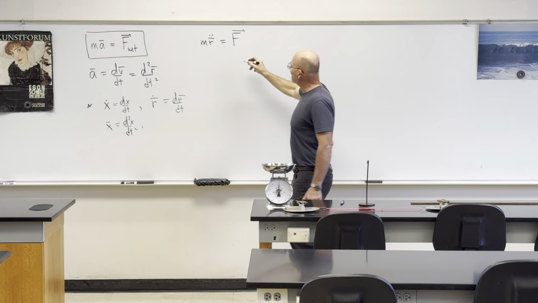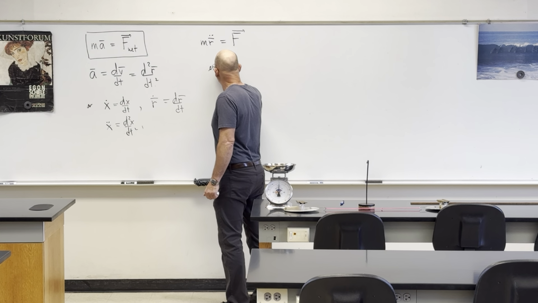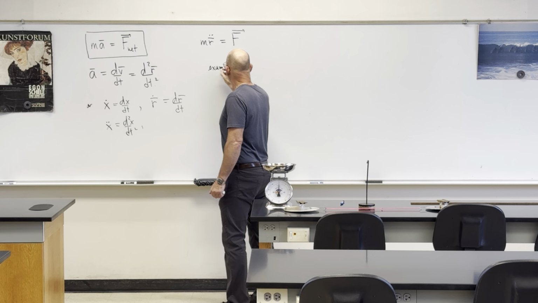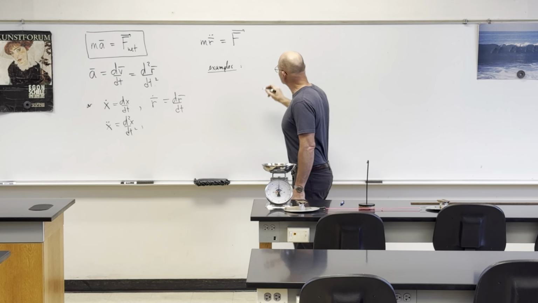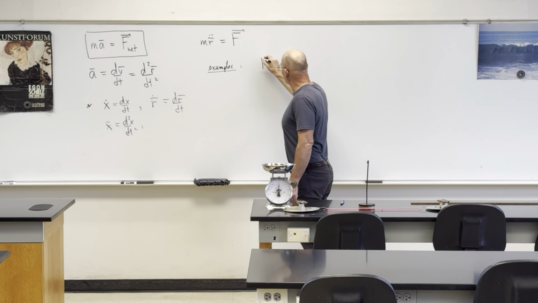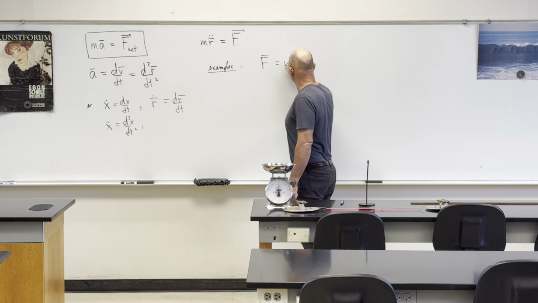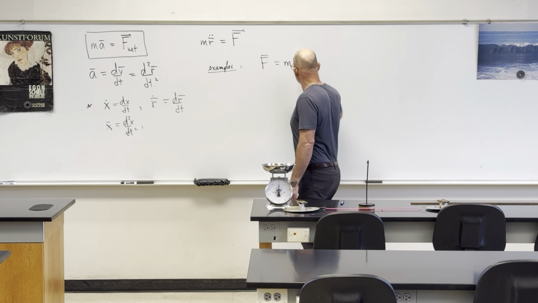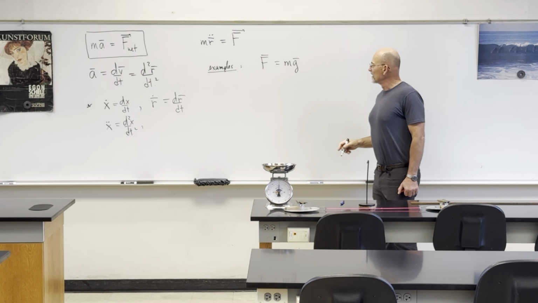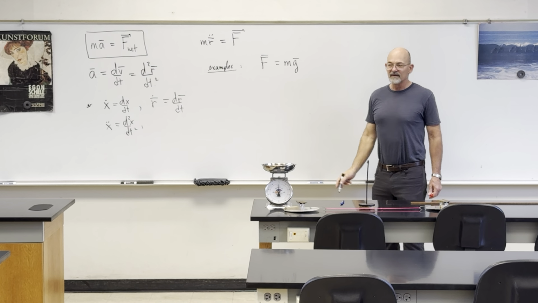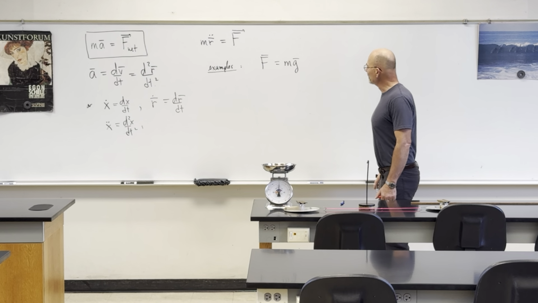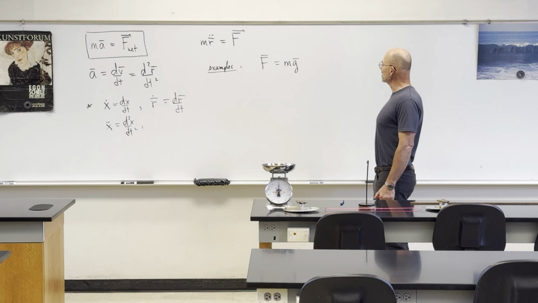So I want to give some examples. And maybe the most basic example, F is just mg, where I've got the direction built into there. That would be the weight, the one that we've been using before. Okay, F equals mg.